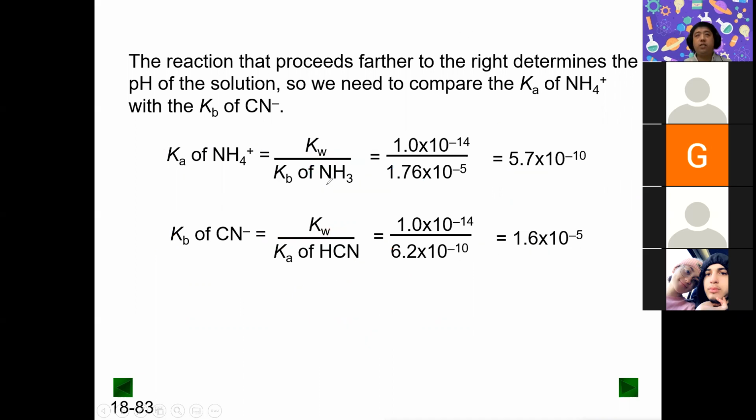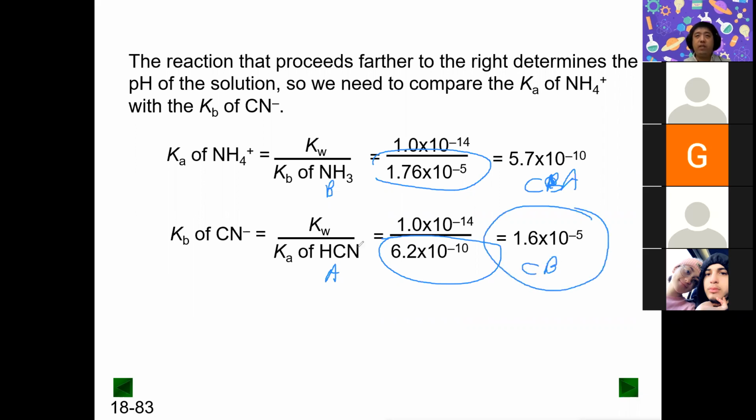So looking at this, this is my base and this is my acid. Looking at these two numbers, which one is stronger? Or which one has a higher value? The base has a higher value. It's 10 to the negative 5, right? That's way higher than 10 to the negative 10. So they're conjugates. This is conjugate acid, and this is conjugate base. Should be the opposite.